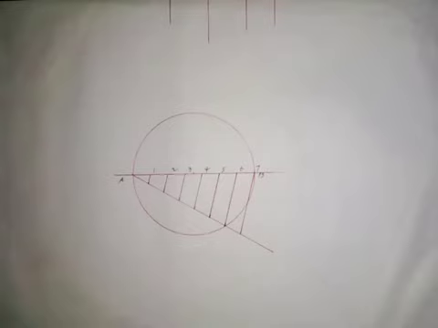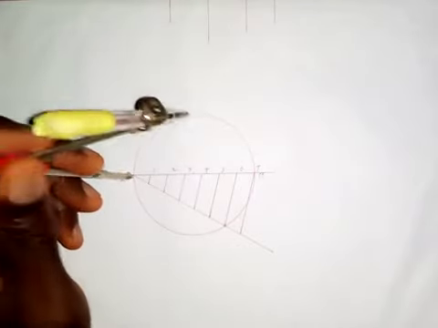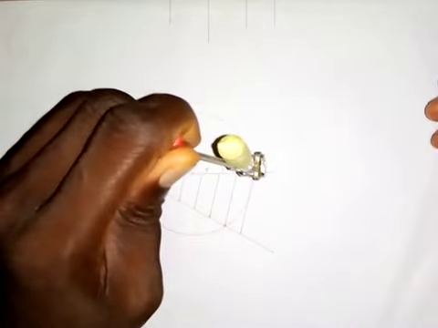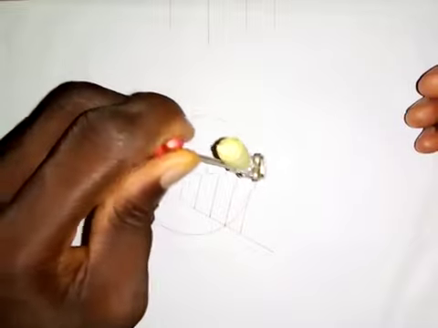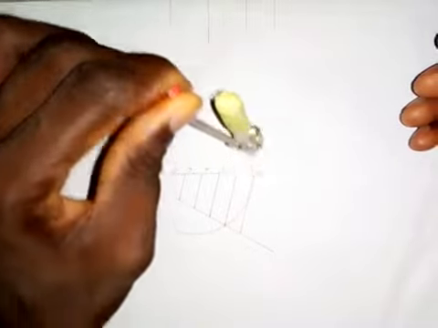Alright, so I've divided the diameter of the circle into 7 equal parts, since we are constructing a heptagon. The next thing we are going to do is to take a compass. We put the pinpoint at point A on the circle and extend it to point B, which is equal to the diameter of the circle, and we draw an arc like this.